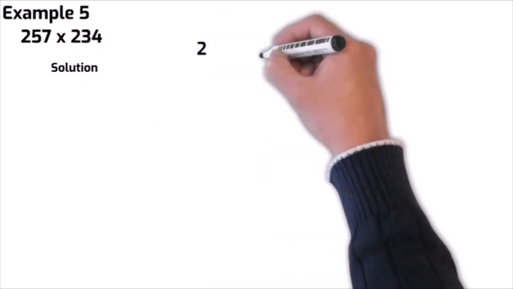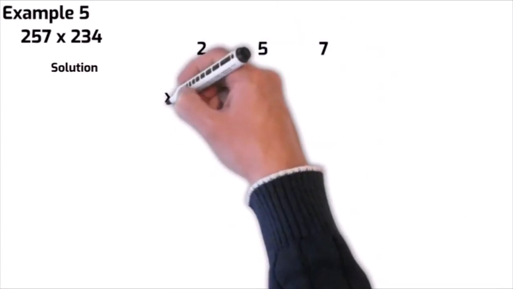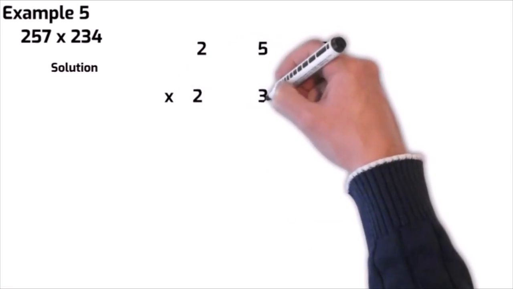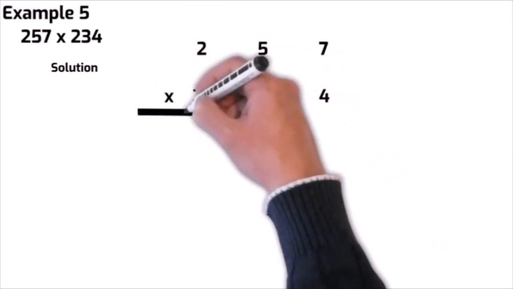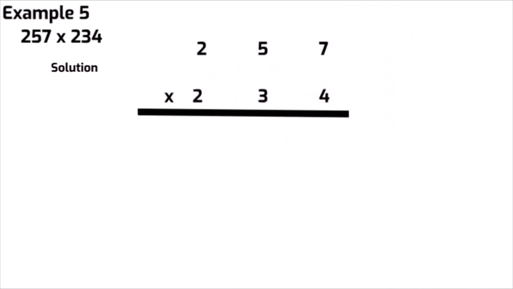First thing first, we have to set up our numbers like this. 257 times 234. We have set up our numbers. Secondly, we will use each of the multipliers to multiply each of the top numbers, moving from right to left.